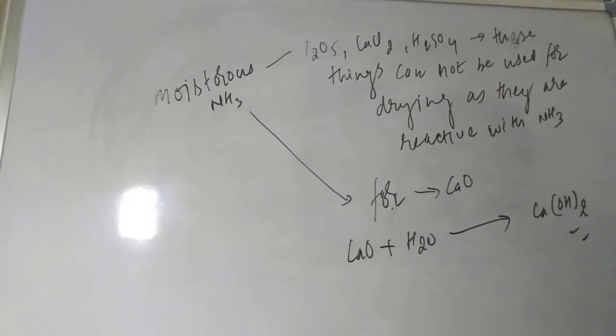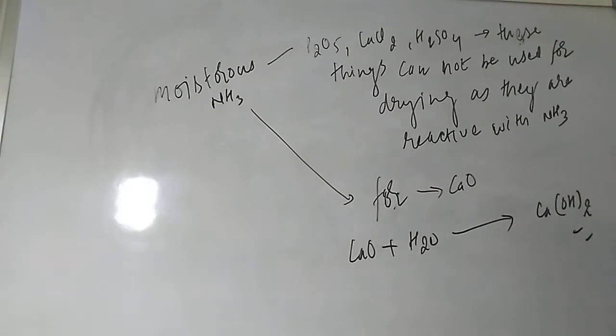So for drying purposes, to remove the moisture, we use calcium oxide. Now let us study the physical and chemical properties of ammonia.